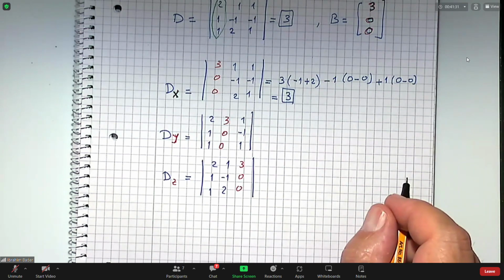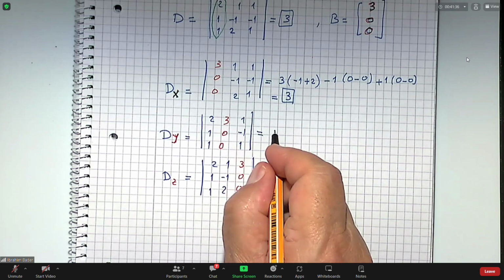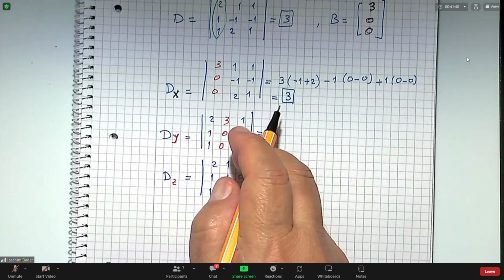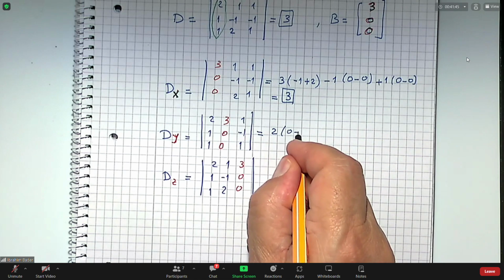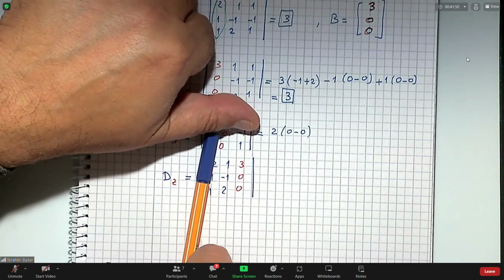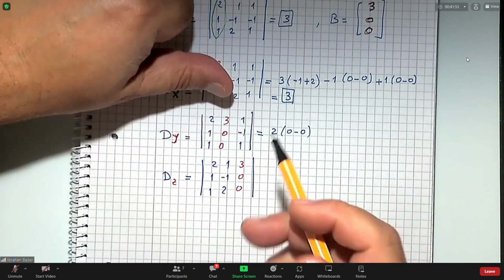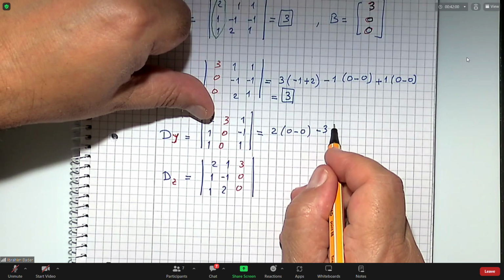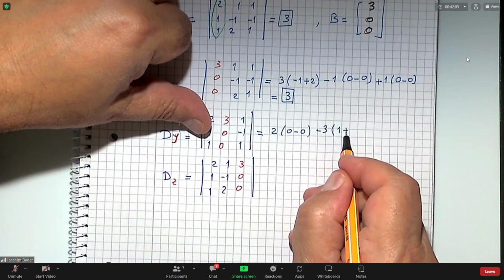Okay, so D sub y now. So 2 times 2. So I cancel this and that. So I have here 0 minus 0. Okay, because if I cancel this, that, I have this determinant 0, 0. Then the middle one, I have minus 3 times 1 minus minus 1 plus 1.